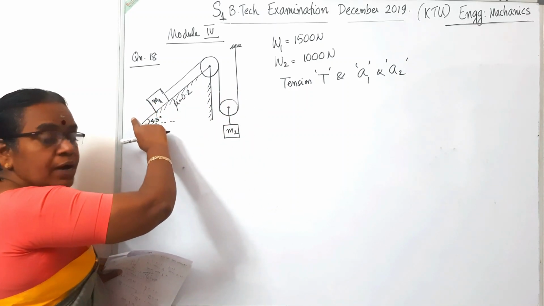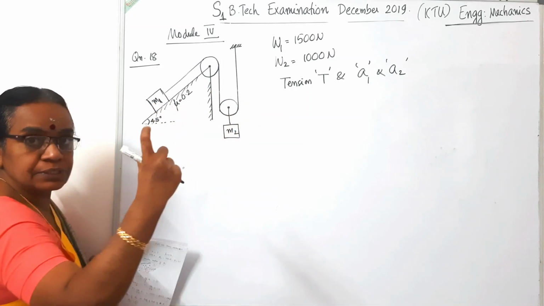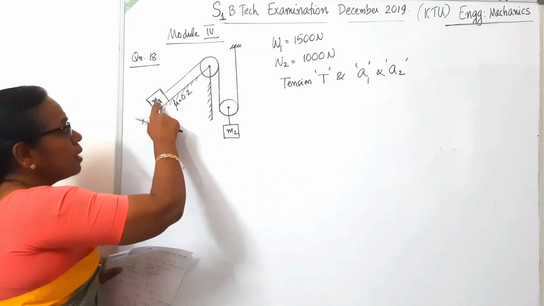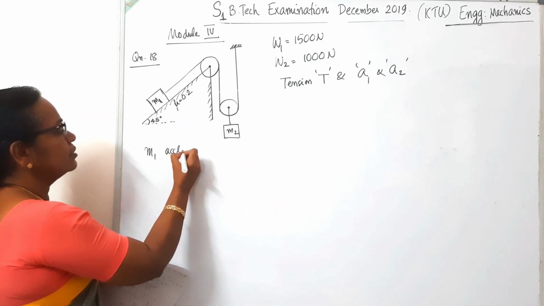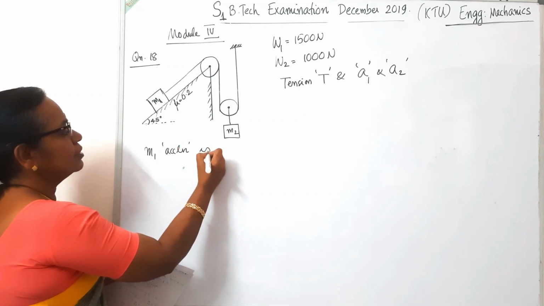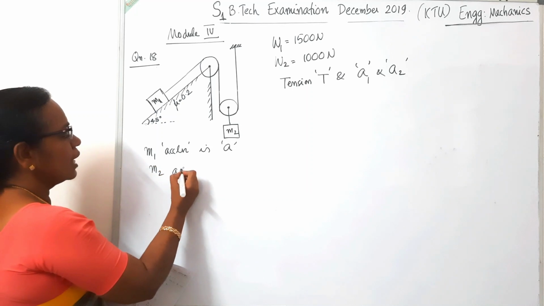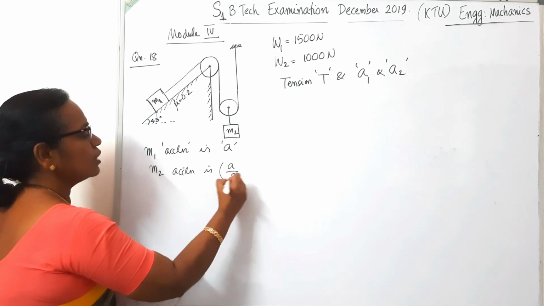If this comes by 1, each side it has to lift up by only half a centimeter. Since there are strings on either side, if mass m1 acceleration is A, for m2 the acceleration will be A by 2. That is one important thing.